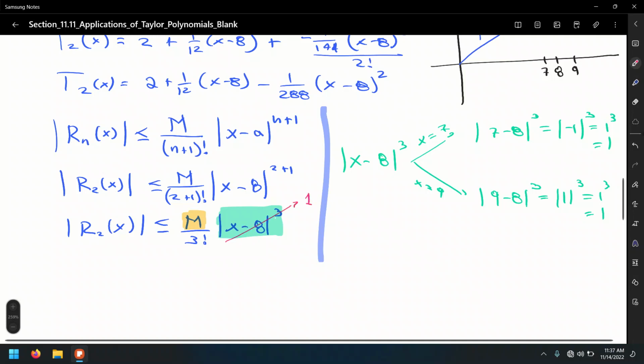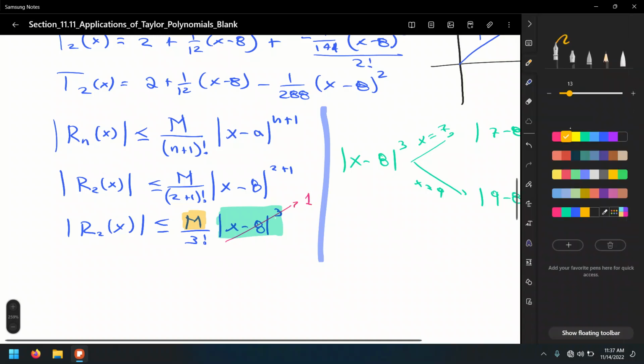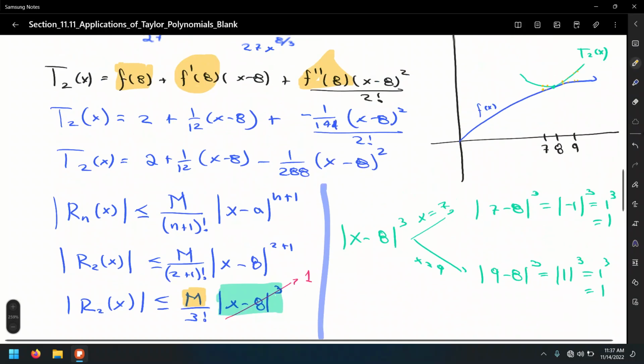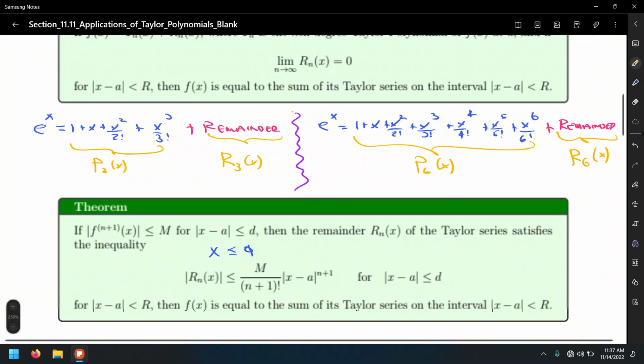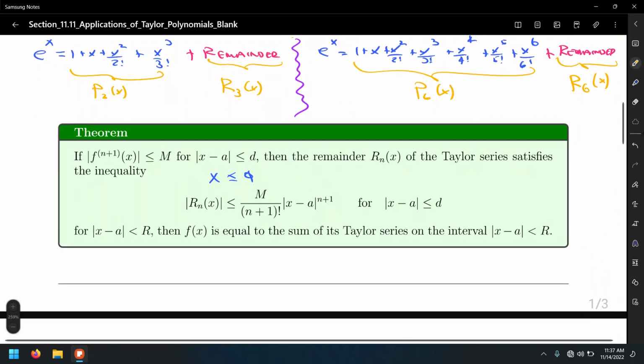Let's find m. Where is m? This value of m is found by computing the next derivative. That's why I took the third derivative in the original process, because that's the one that we're going to use to find the quantity m.